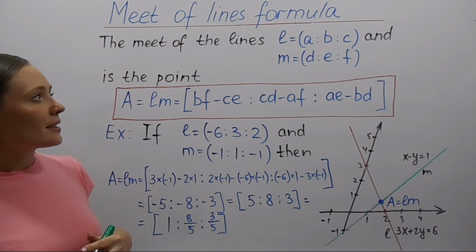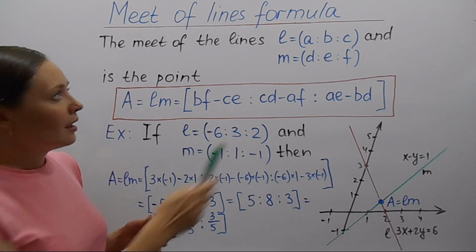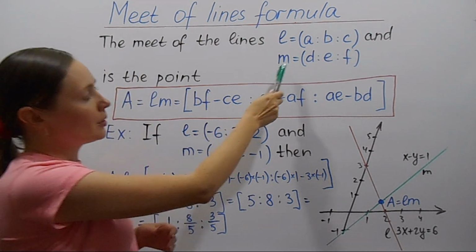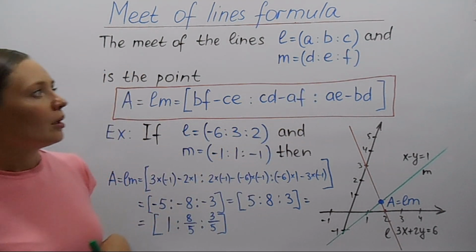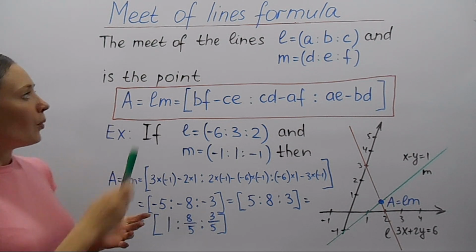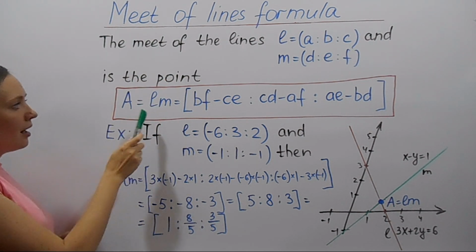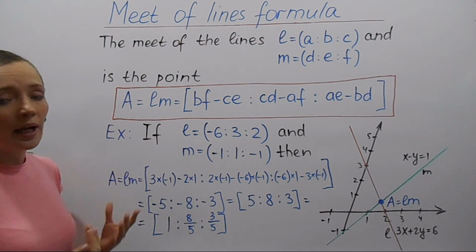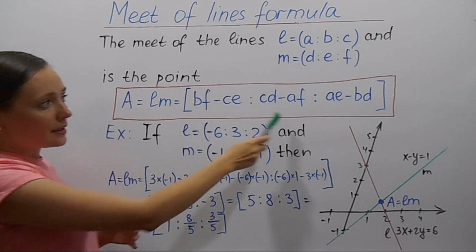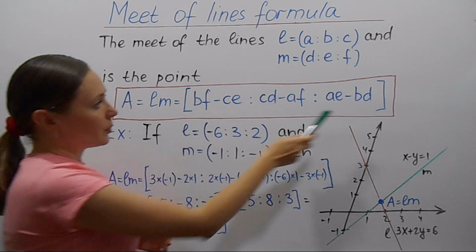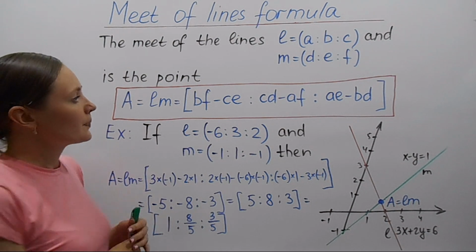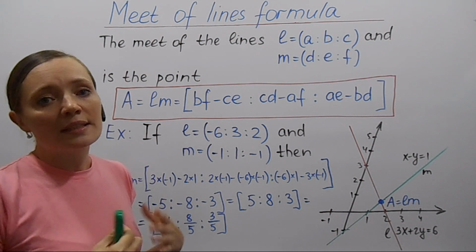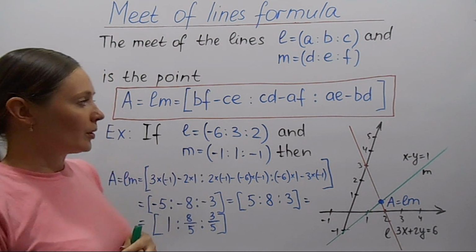The meet of the lines L, let's say the line is A to B to C in projective coordinates, and M, which is say D to E to F, also in projective coordinates, is the point, and we write LM to represent that this is the meet of 2 lines L and M, and it's given by this formula in square brackets, and there are 3 quantities, and these quantities are exactly the same quantities as appeared in the previous formula.